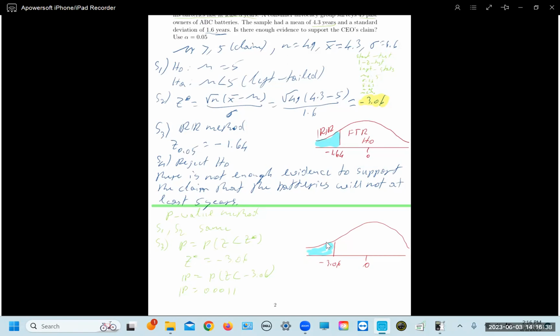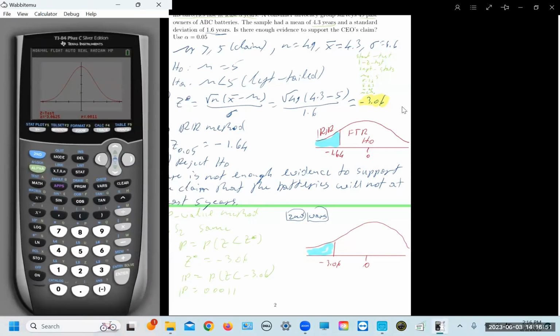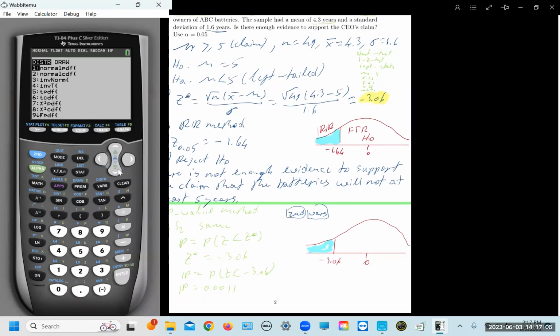Okay, we can say 2nd VARS. Let me hit the calculator up. So we can clear this. 2nd VARS, and we hit number 2.